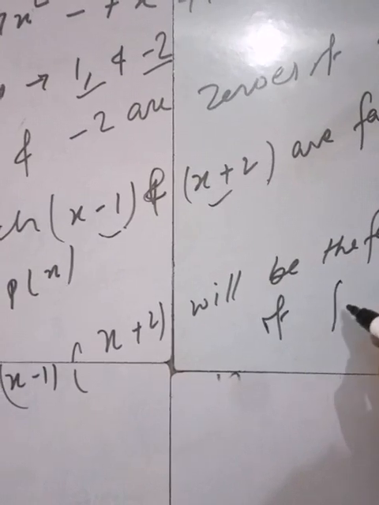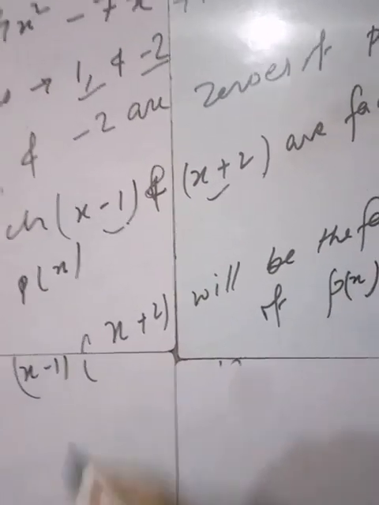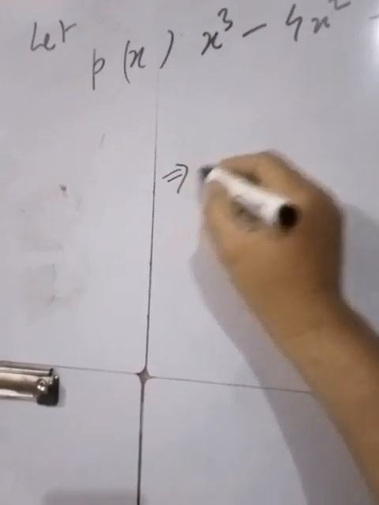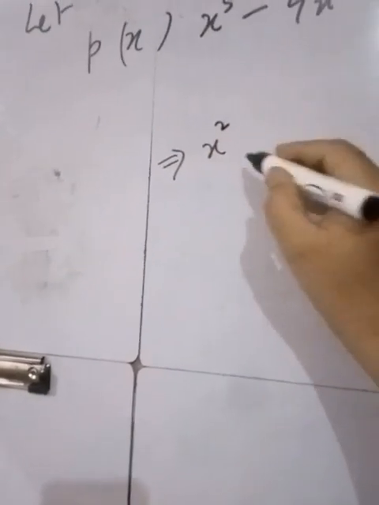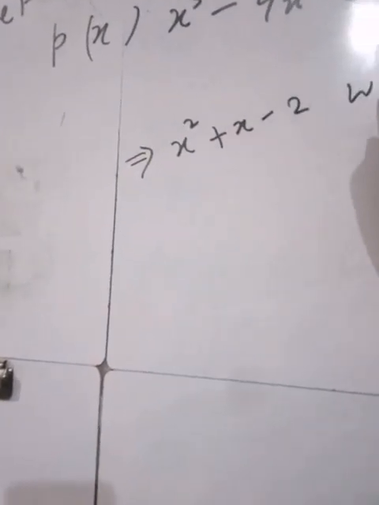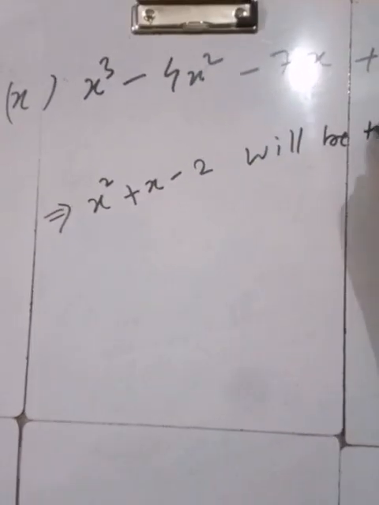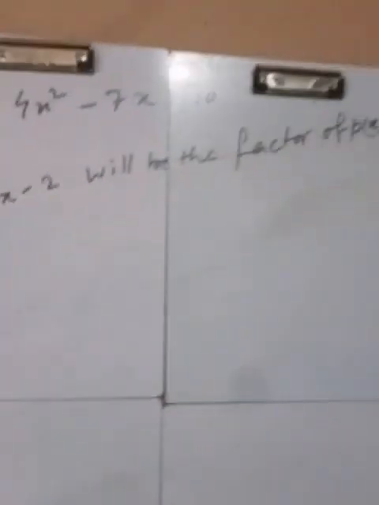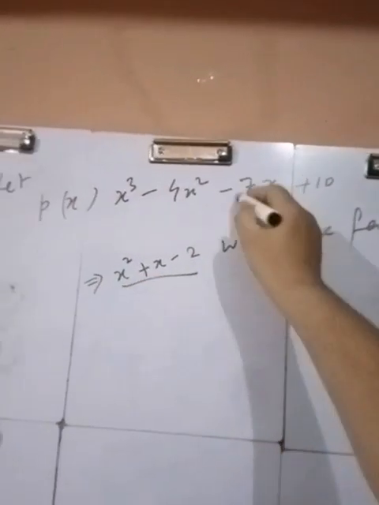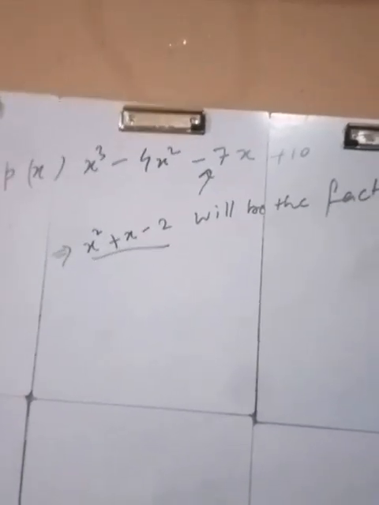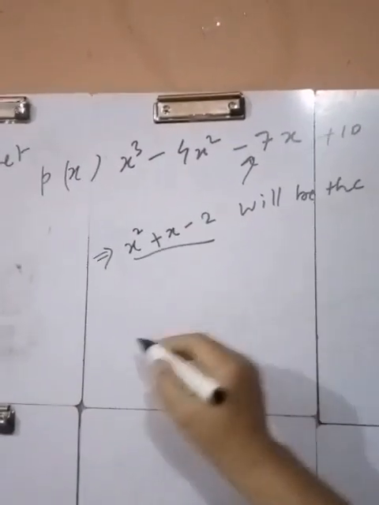of Px. Therefore, multiplying, we can write x square plus x minus 2 will be a factor of Px. So I will do the same process as in the previous question.